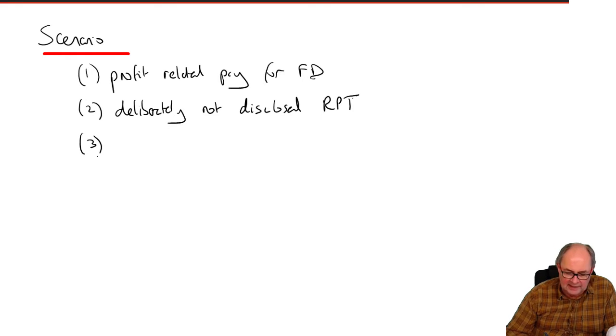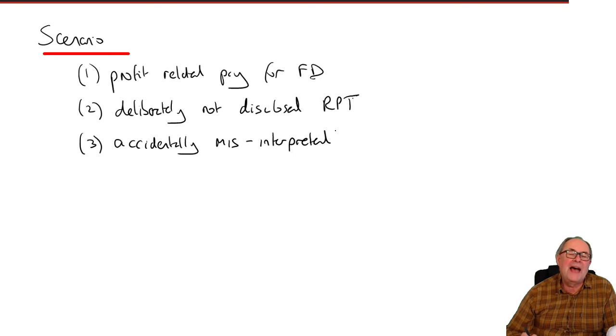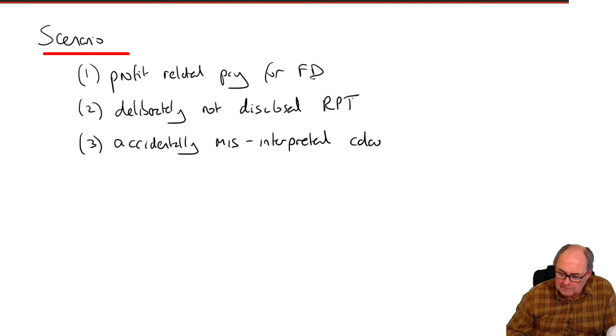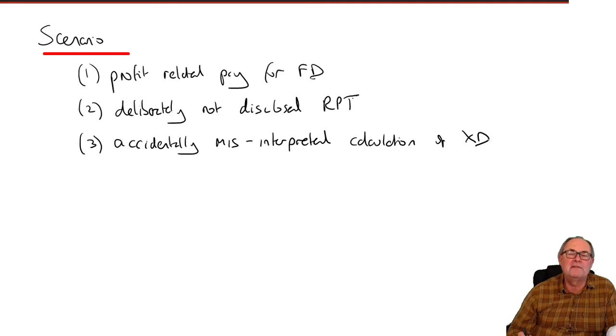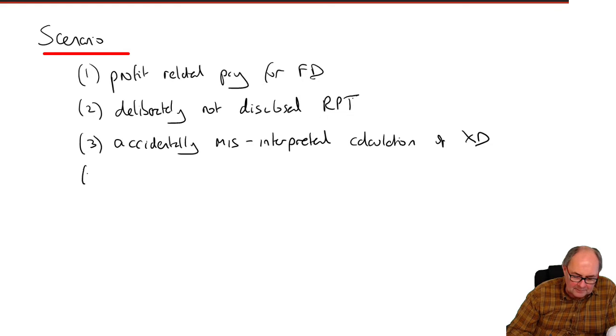And thirdly, again, let's assume that they have accidentally misinterpreted some accounting rule about, let's just say, the calculation of exchange differences on a foreign subsidiary. We'll assume that's the situation.